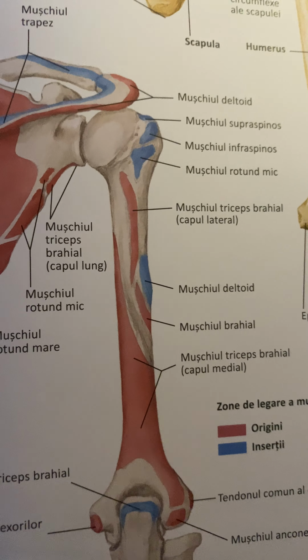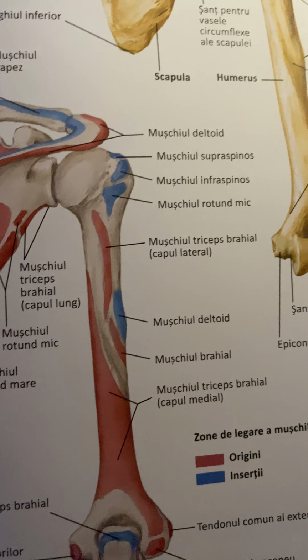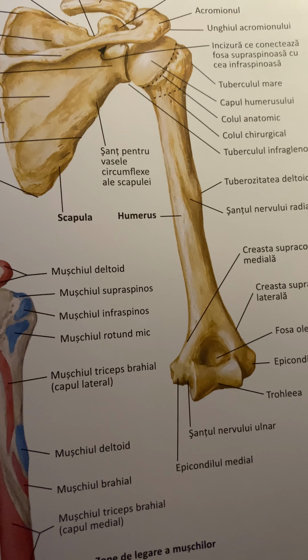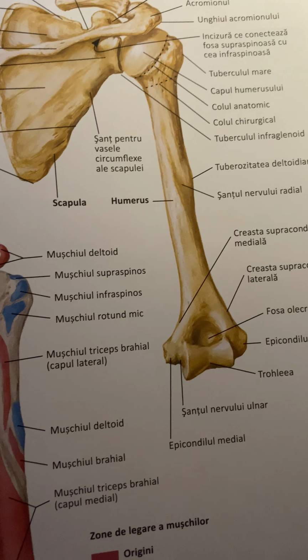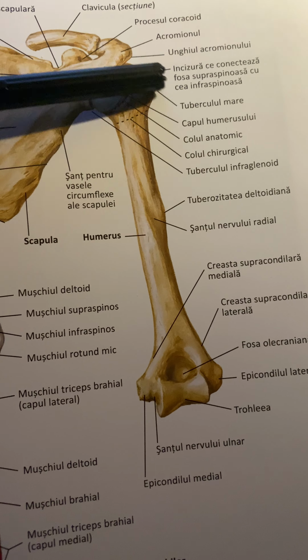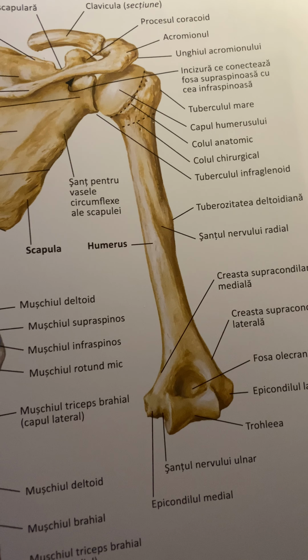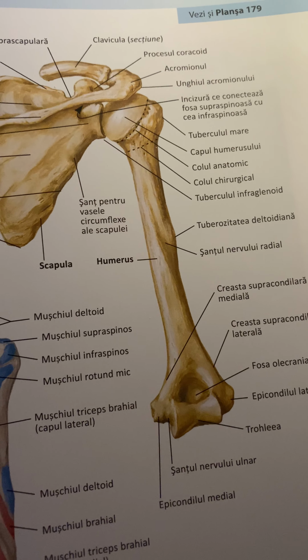Here we can see some insertion and origins of the main muscles. So if you're going to talk about the muscles of the arm, we have the muscles that are being placed on the posterior side of the humerus, which is actually a single one, the triceps.